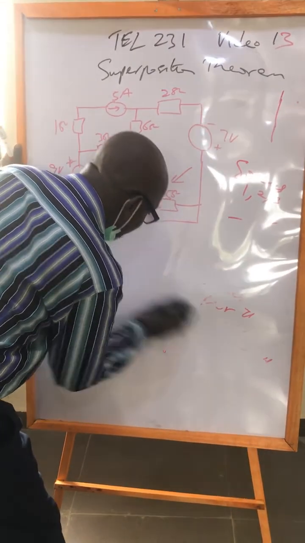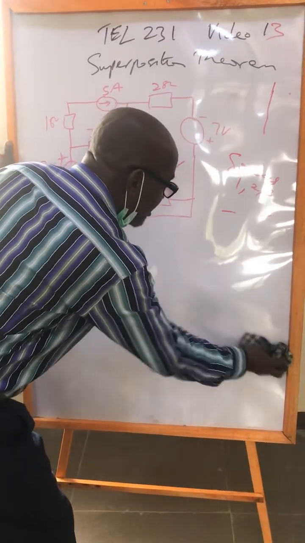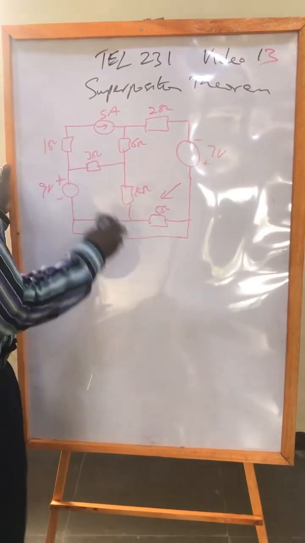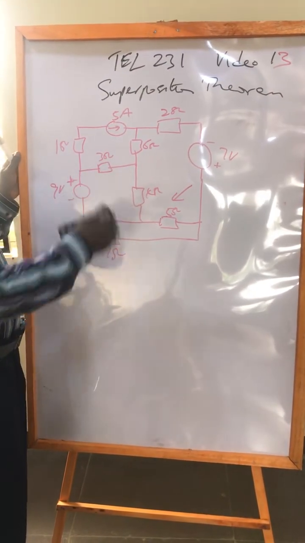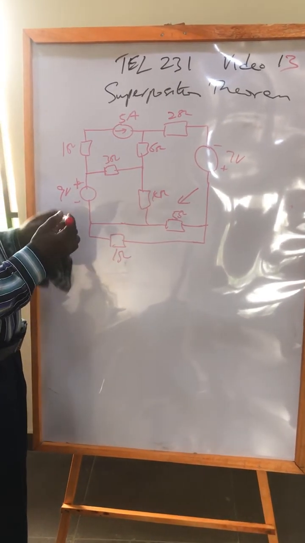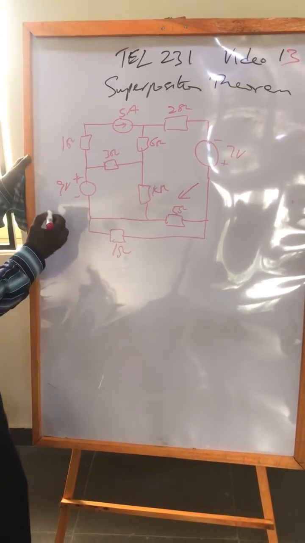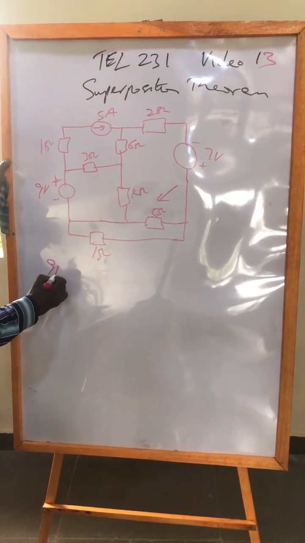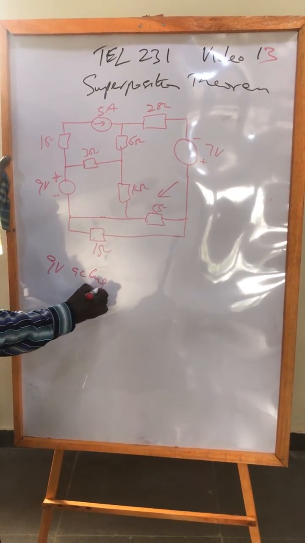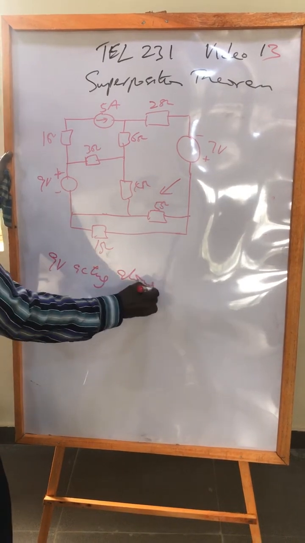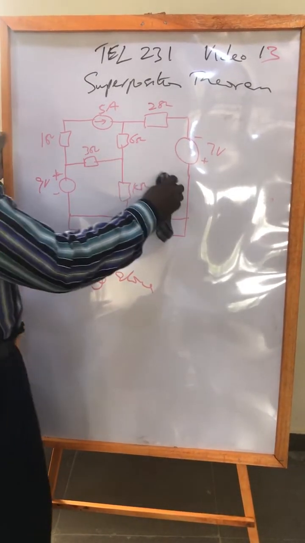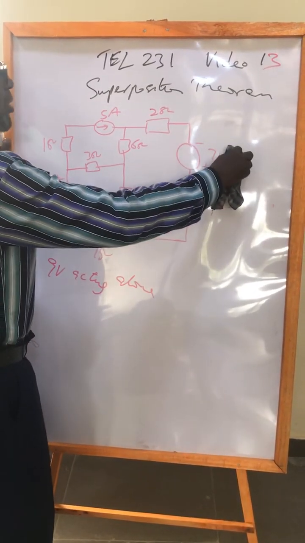Now, let us start by practicing this circuit and trying to solve the same problem, the current in the 3 ohm resistor. Let's start by saying 9 volts acting alone. If 9 volts is acting alone, that means this source will not be there.